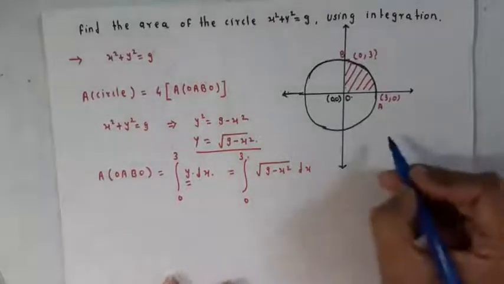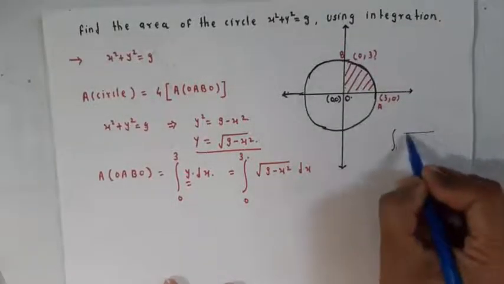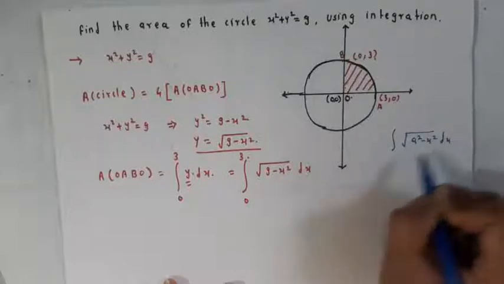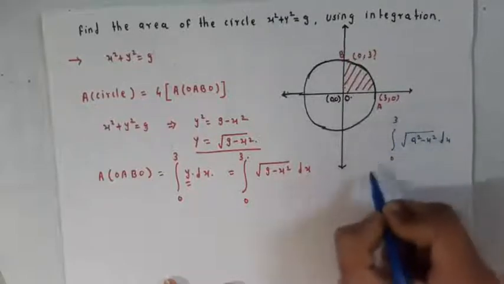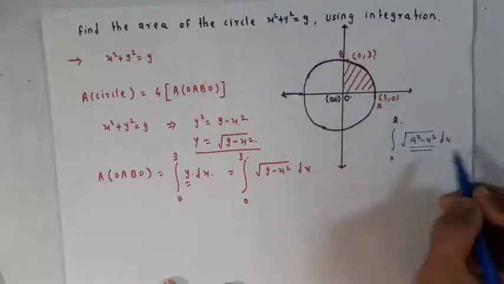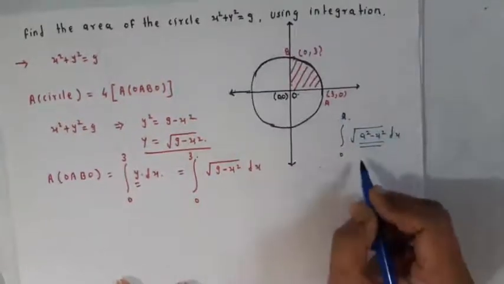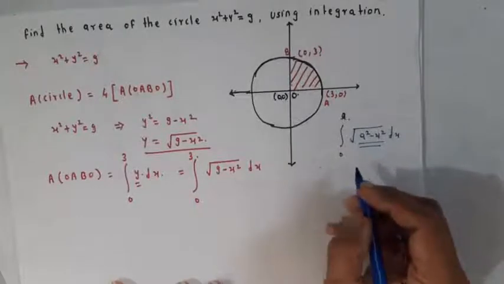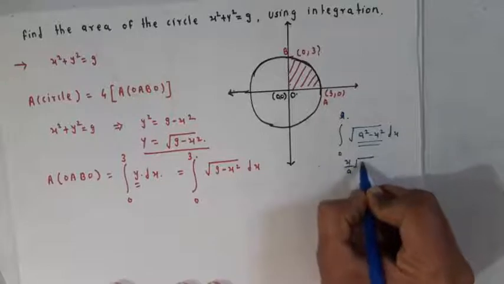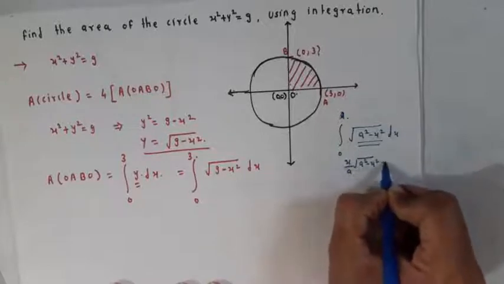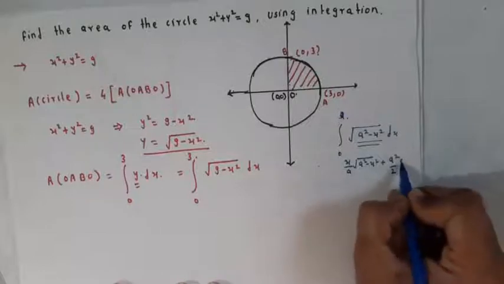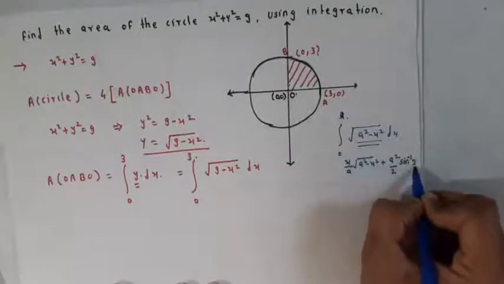So by using the formula for integration of square root of a square minus x square with respect to x from 0 to a. Students, we know the integration of this. The formula is x by 2 times square root of a square minus x square, plus a square by 2 sine inverse of x by a.